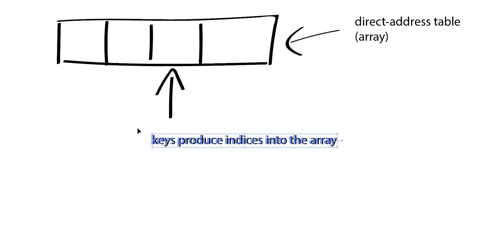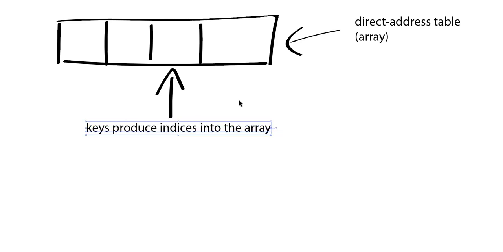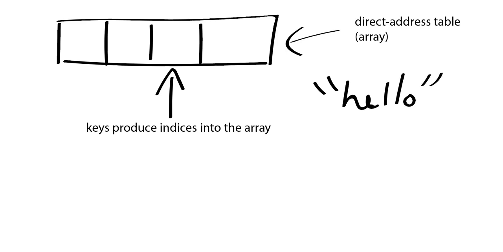Okay, so that's good. Keys produce indices to access certain spots in this array. But what if we have some kind of key that says something like hello? What if this hello, which is a string and not an integer, is used as a key, right?